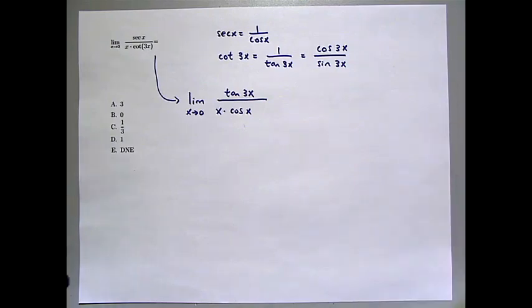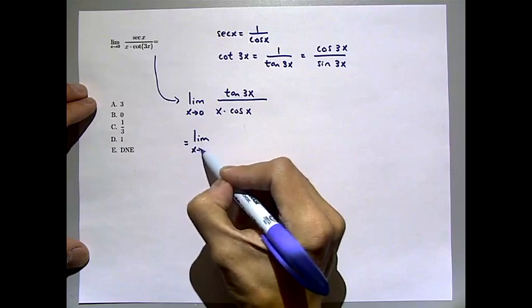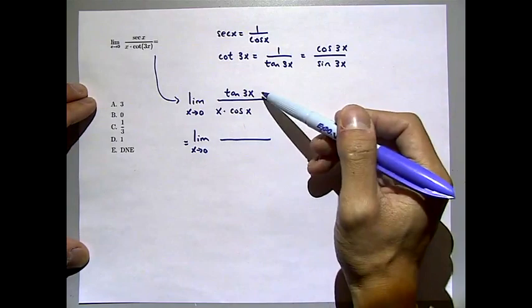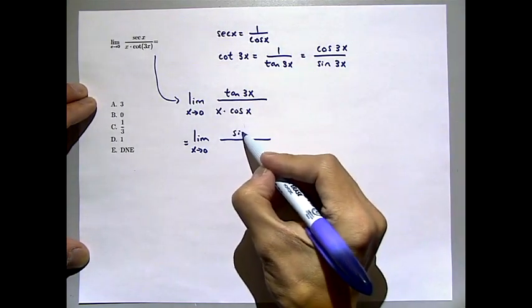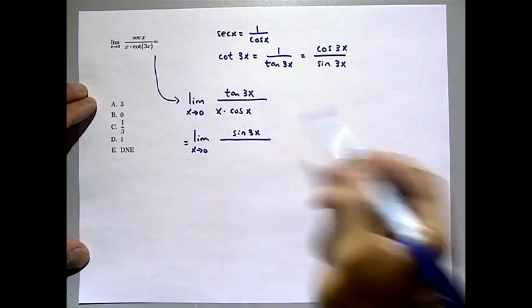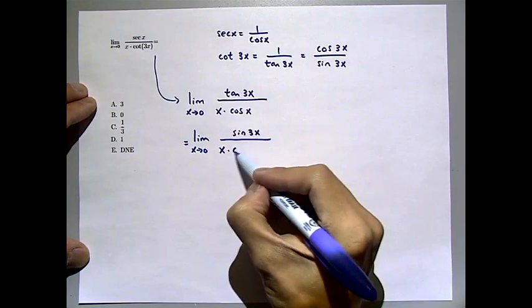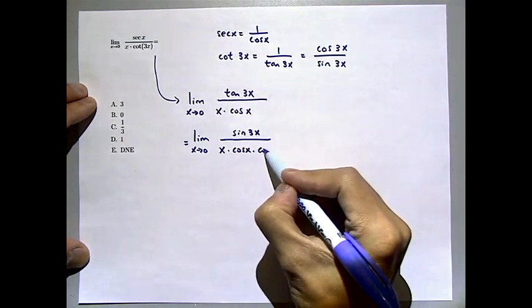Now I want sines and cosines to show up. Tangent is sine over cosine. So there's a sine of 3x upstairs. Downstairs we have the x, we have the cosine. And then from the tangent, we also have a cosine of 3x.